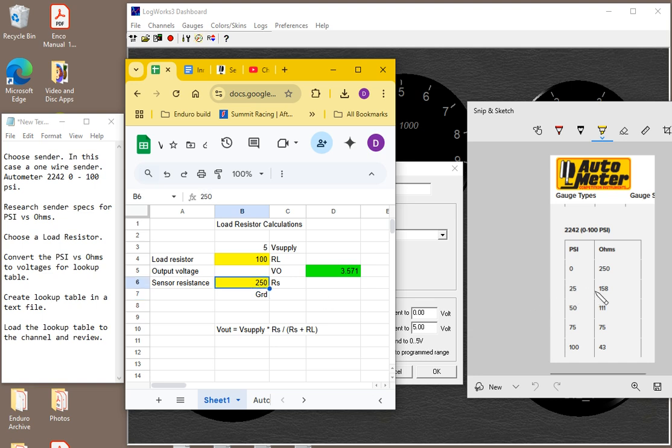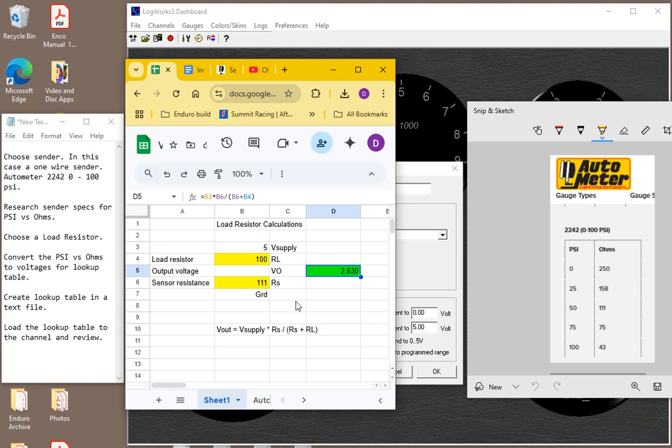At 25 psi, we have 158 ohms, which comes out to 3.062 volts. At 50 psi, we have 111 ohms. That gives us 2.630 volts.